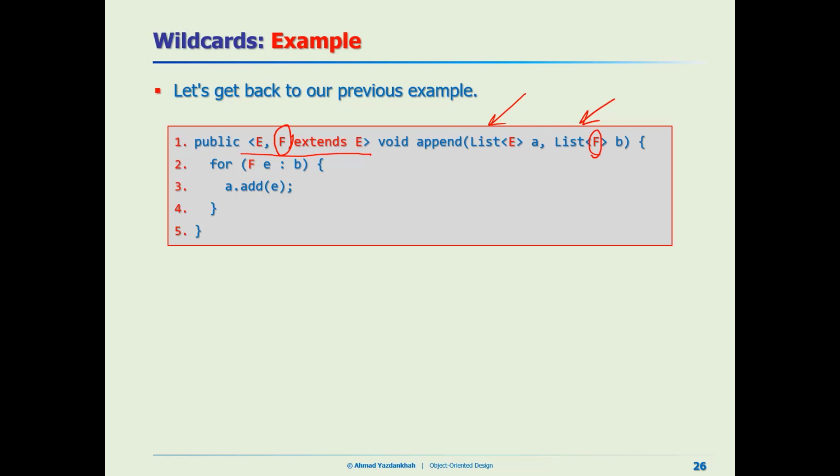Right now, this method has two type variables, right? We want to play with the wildcards and try to eliminate one of these two. So let's focus on eliminating F first, all right?